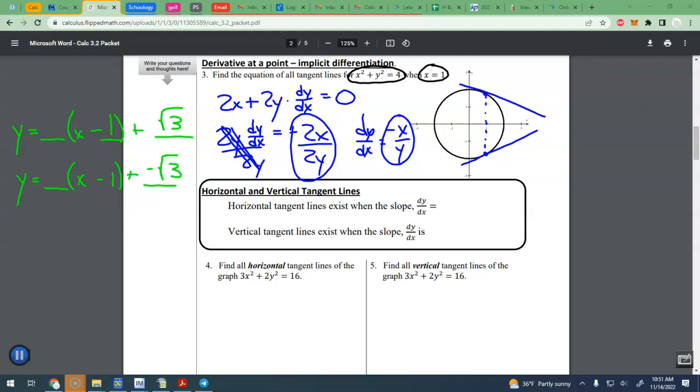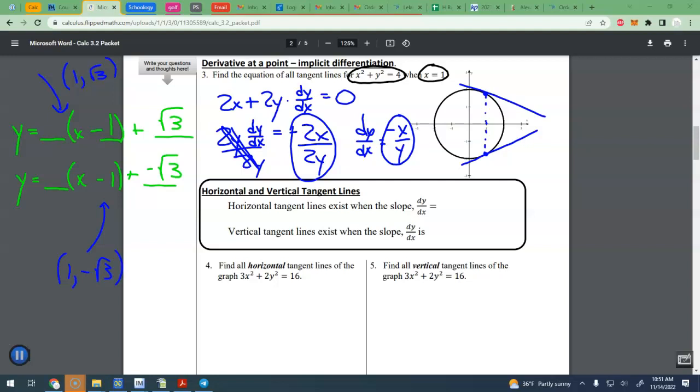So this is my derivative, which means this represents my slope, right? So if I want to know the slope at this point, which was 1 comma square root of 3, and this point was 1 comma negative square root of 3, I just plug them in. So normally when we're plugging in slope, I think so far we've only plugged in x's. But there's a y in the equation too, so we plug in the x and the y.